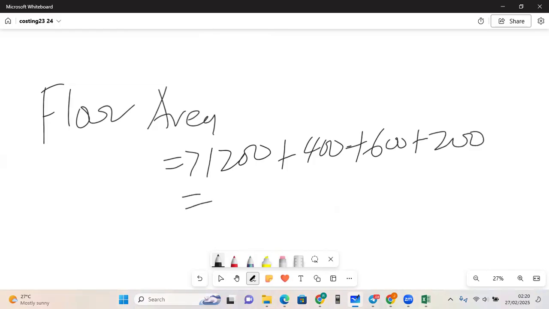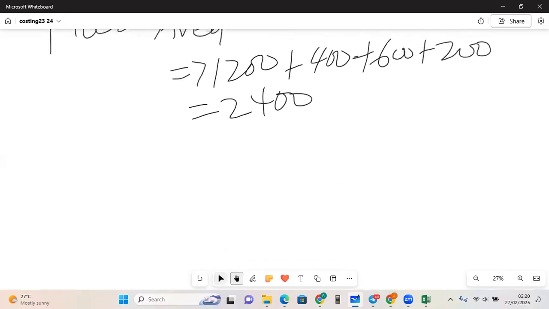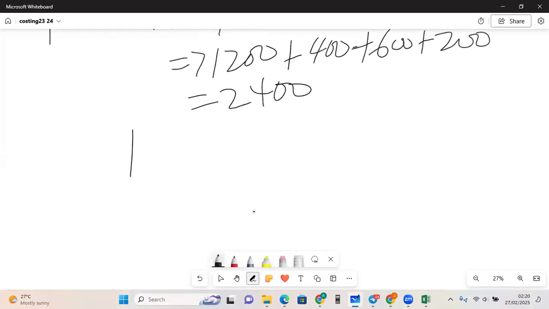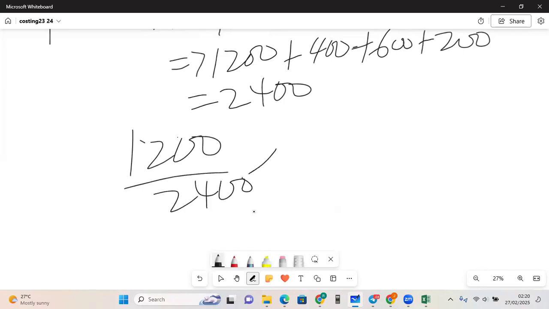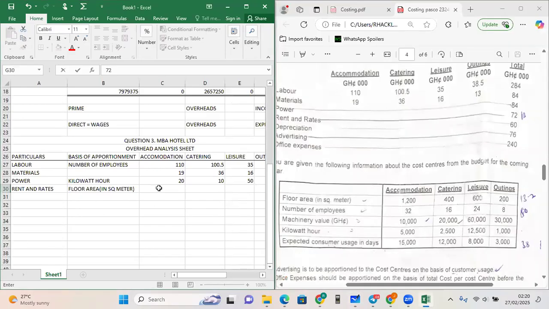Then we are going to get 2400. So the first one is 1200, right? So 5200 over 2400 times the 72. We are getting 26. So that's the same thing we are going to do throughout for all of them.